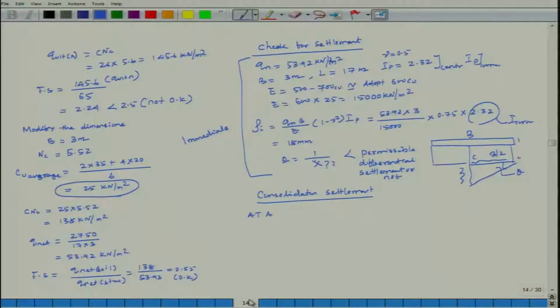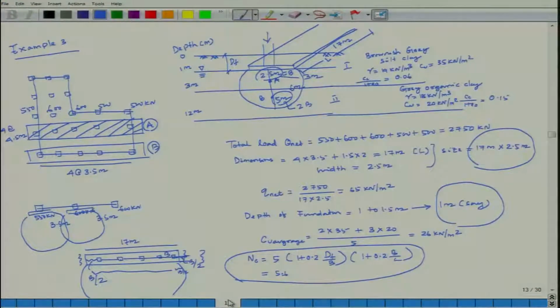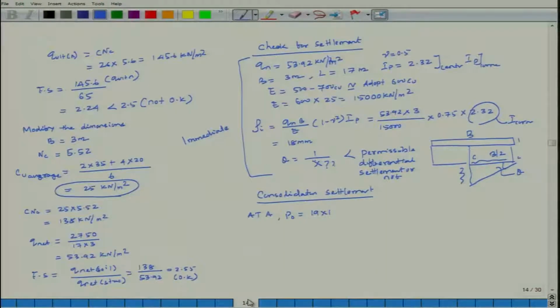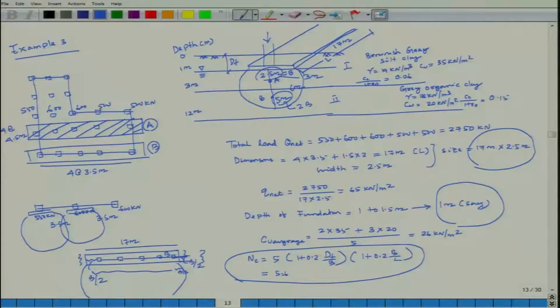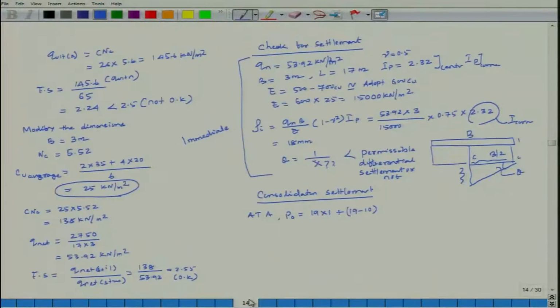Now, at A, P0 is equal to 19 into 1, 19 above the water table, 19 into 1 plus 19 minus 10, that is below the water table, which is located at 1 meter, then into 1.